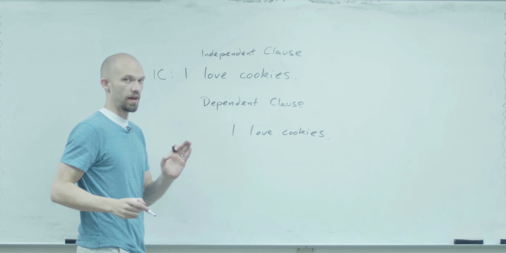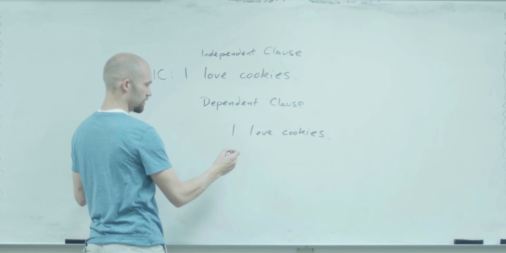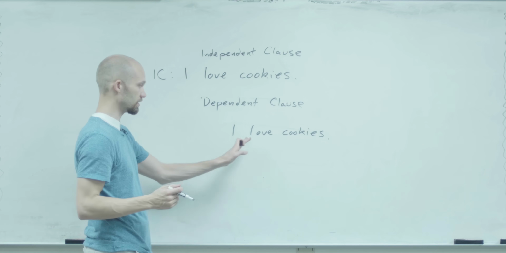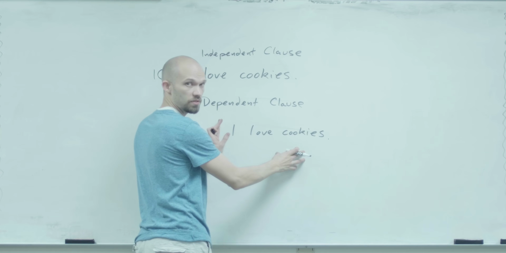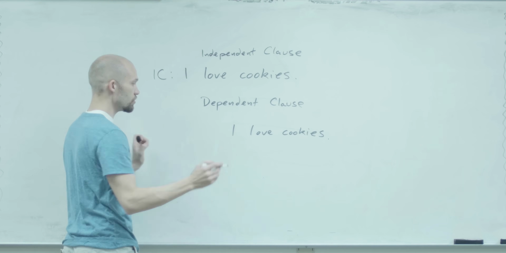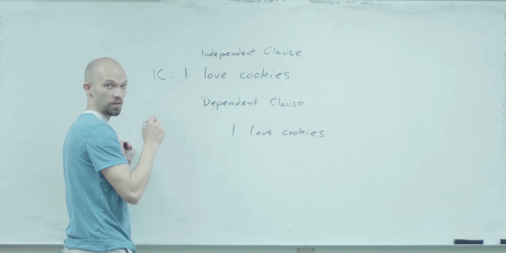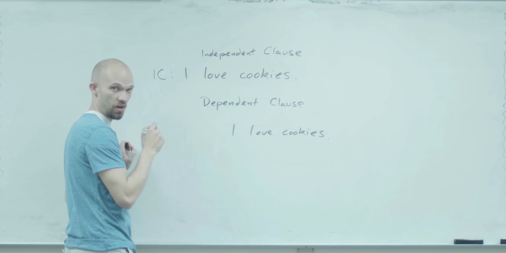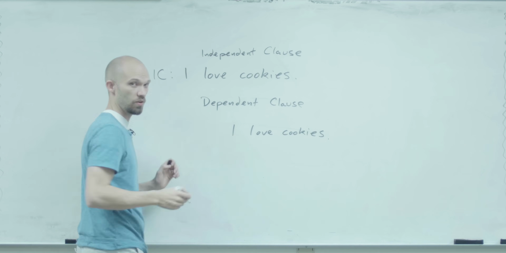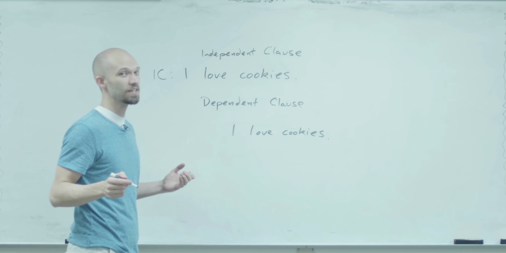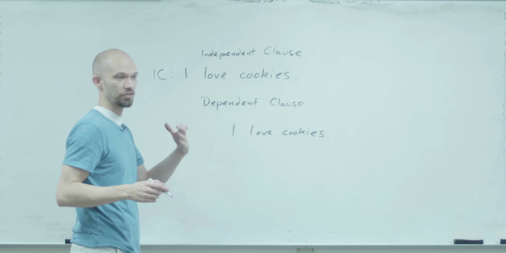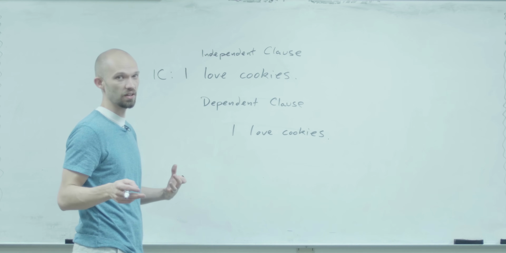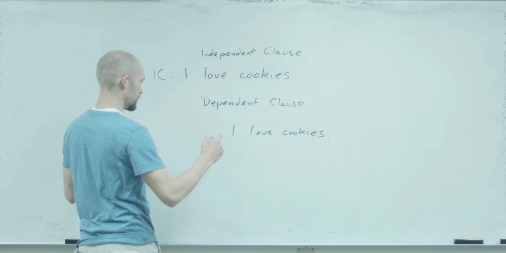Only they add one word to the beginning. Okay, so they still have a subject, they still have a verb, they still make sense by themselves until you add the word that makes them a dependent clause. And what is it? You guessed it. Wu bista. After, as, before, until, when, while. These words.